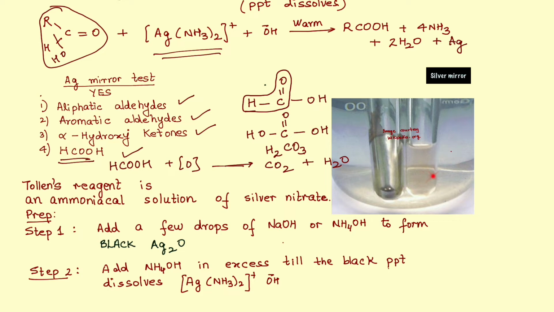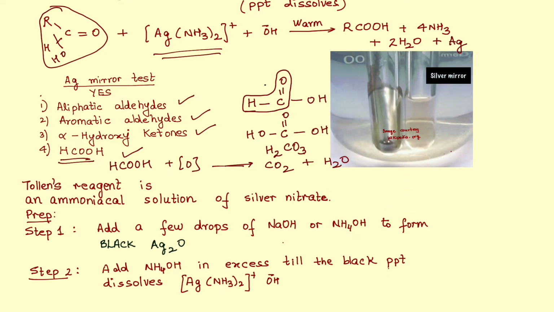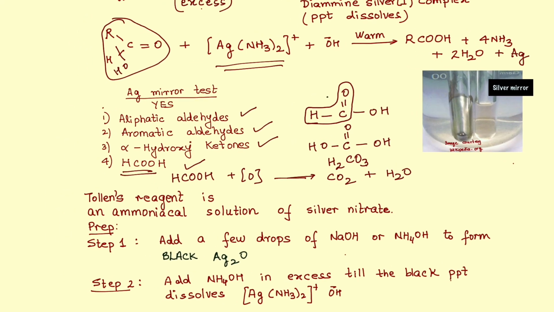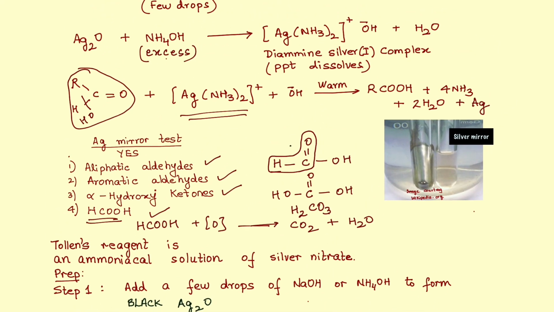It could be a ketone as well. I'm not going into the details of the silver mirror test with the other compounds. Aromatic aldehydes, again, we will be taking up separately in continuity of the aldehydes and ketones chapter here, right? So this is a piece of information which should help you to understand the topic better.